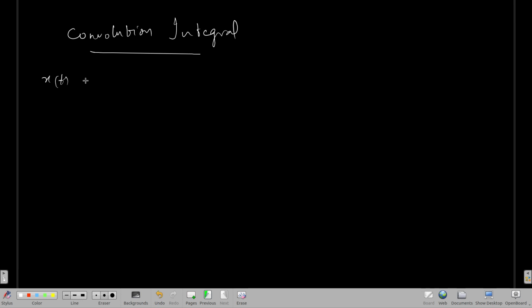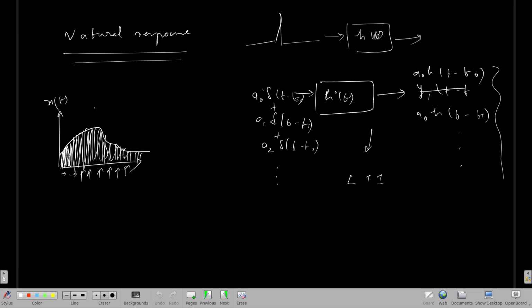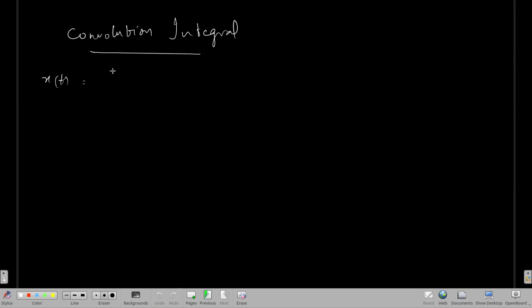The first step that I mentioned is that we are dividing the whole signal into impulses. That is, x of t equals integral from minus infinity to infinity of x of tau delta of t minus tau d tau. Here t is the shift. t is not the variable of integration, tau is the variable of integration.